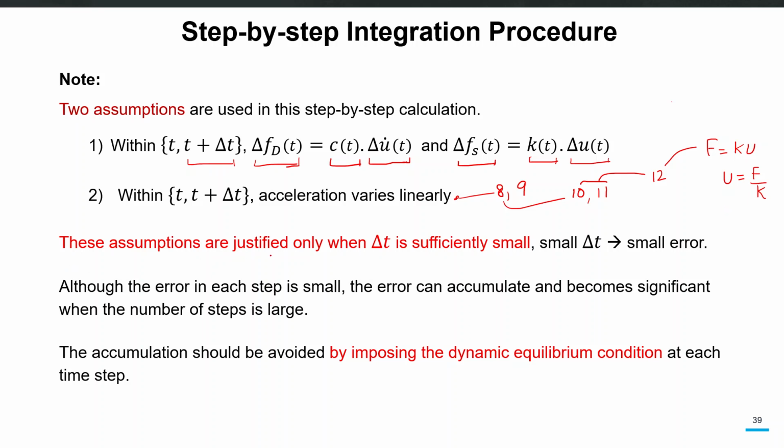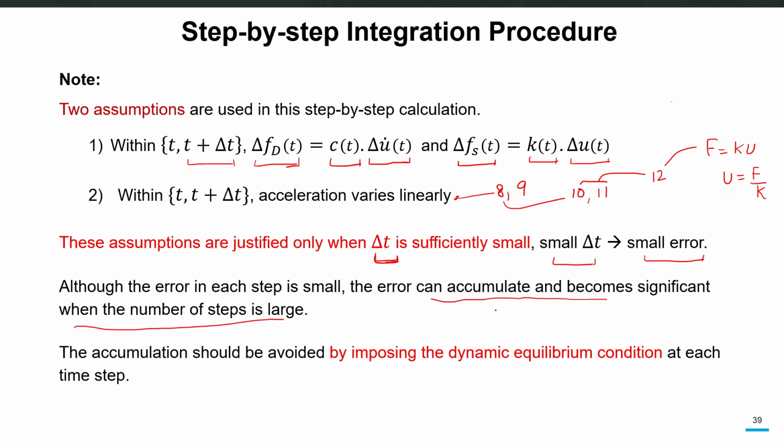These assumptions are justified only when delta t is sufficiently small. If delta t is not small, then these assumptions may introduce a significant error in the solution. So small delta t will result in small error. Although the error in each time step is small, the error can accumulate and become significant when the number of steps is large.